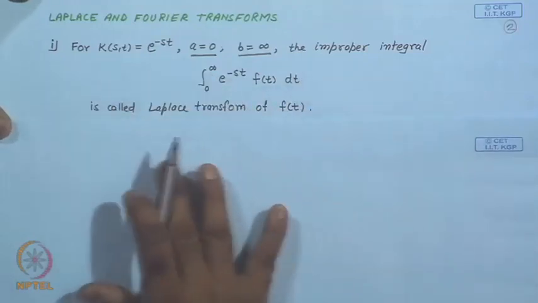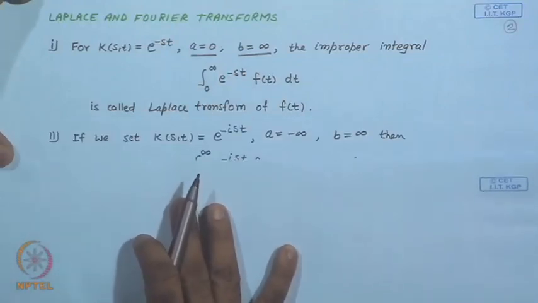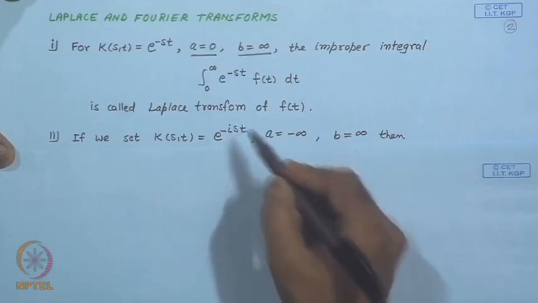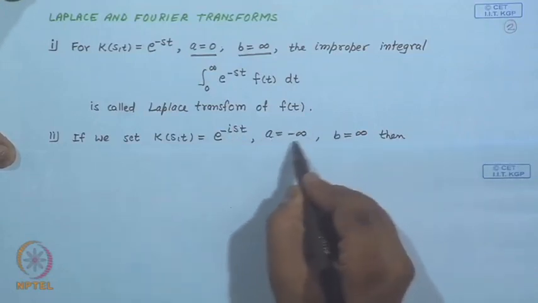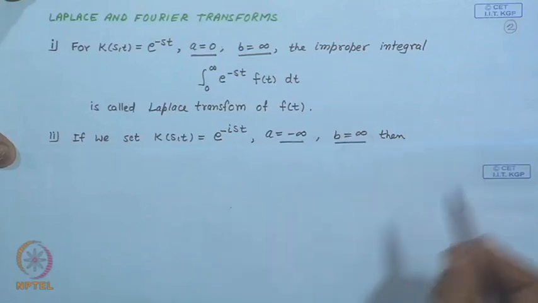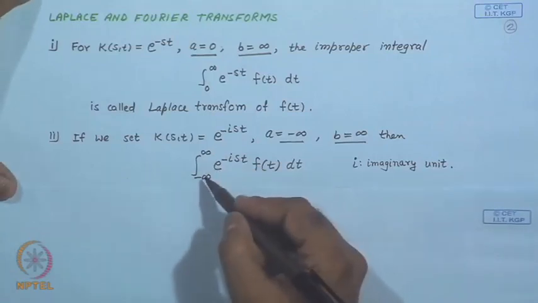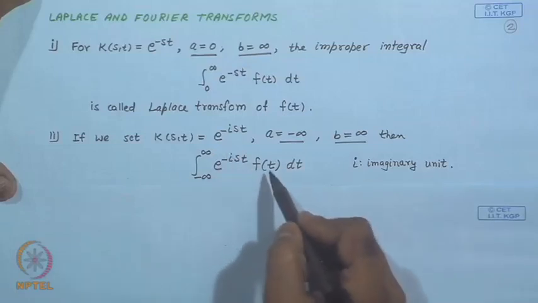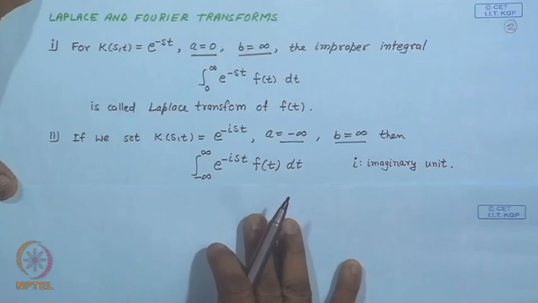The second case is the Fourier transform. If we set the kernel k(s,t) equal to e to the power minus ist, with lower limit minus infinity and upper limit plus infinity, then this integral transform, the integral from minus infinity to plus infinity of e to the power minus ist f(t) dt, is called the Fourier transform.